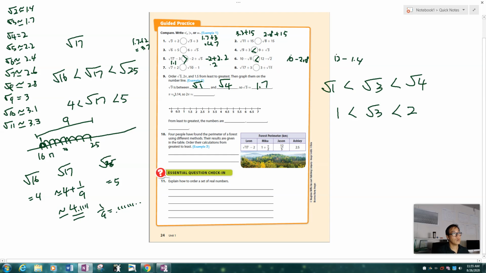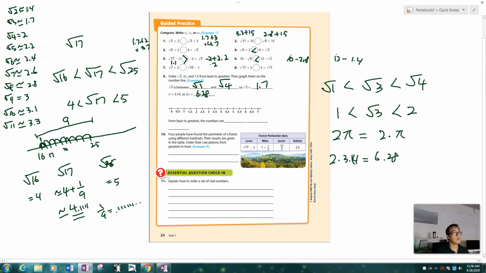And pi is 3.14, so 2 pi means 2 times pi. So 2 times approximately 3.14 is approximately 6.28.